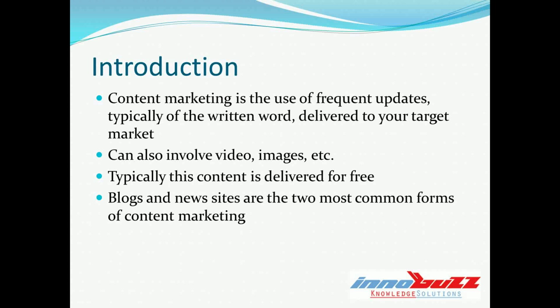And while people do choose to do that all the time, it's much more rare and much less common than writing. And so when we're looking at things like blogs and news sites, those are the two most common forms of content marketing. So this chapter is going to be tailored specifically towards those kind of websites. However, a lot of the things in it can be applied to, say, an image blog or a YouTube video channel.